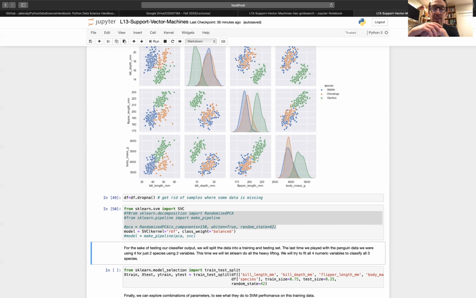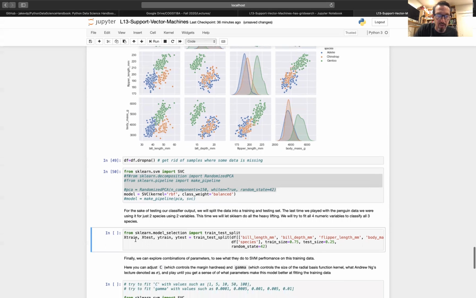So we don't want to overfit to random noise in our training data. We want to generalize well to new data that comes from a similar process. Well, let's go ahead and do that. So this is the cell which takes our data, takes all 4 variables as the X and the species column as the Y, and splits it up into train and test chunks.